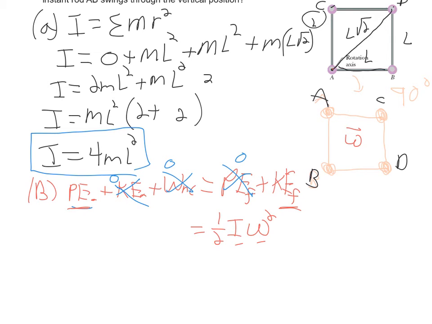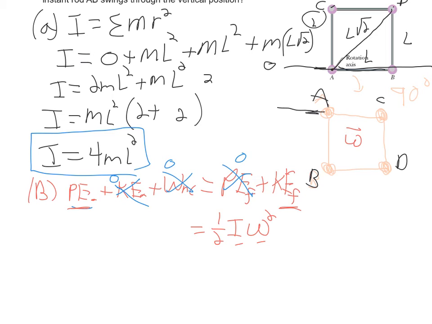So, to get the potential energy, we look at the distance moved, or how far above where they started. A ends at the same height where it started. Just to help you see, we'll call the initial location 0, and we can see how far they all move relative to that.